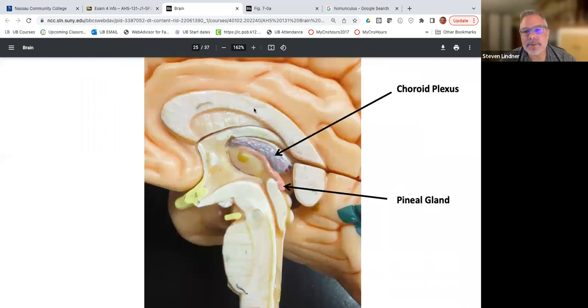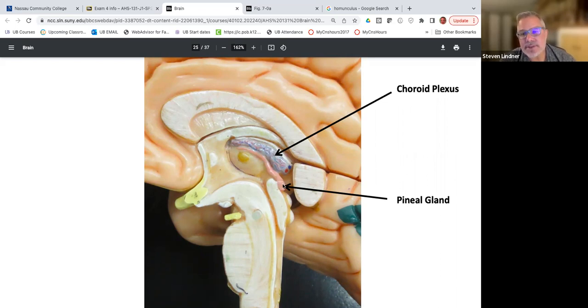Okay, remember the corpus callosum, the septum pellucidum, the fornix, the thalamus, the hypothalamus, and right here is the choroid plexus. This vascular structure is the choroid plexus, and it is involved in producing cerebral spinal fluid, CSF.